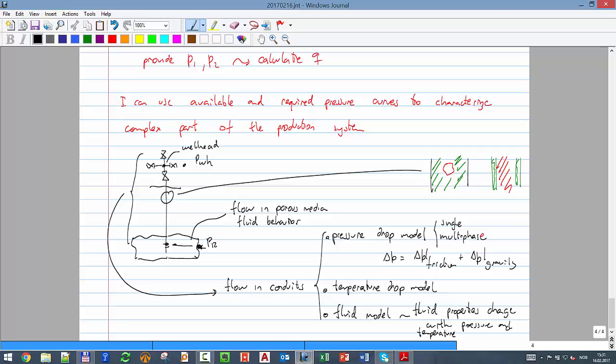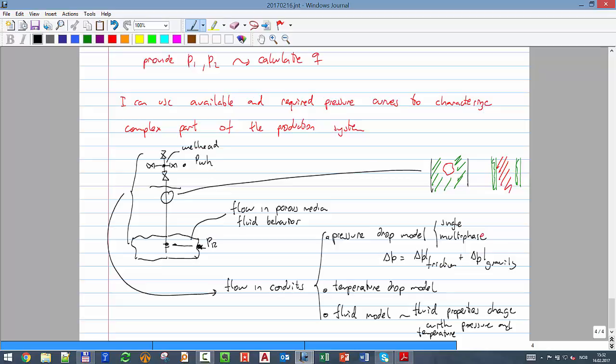How is PWH going to look versus rate? First, which case is it from the three cases that we analyzed? Is it the available, the required, or the delta P? If you see, we have P1 given, P2 is what I want to calculate, and I want to change the rate. So it's number 1.